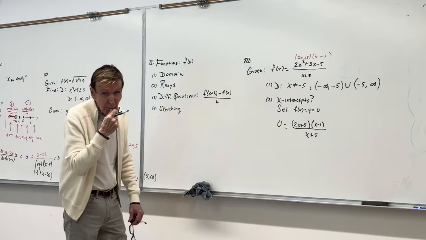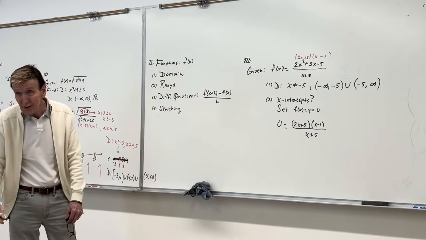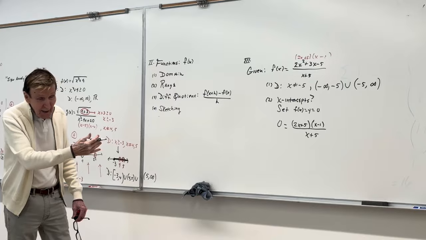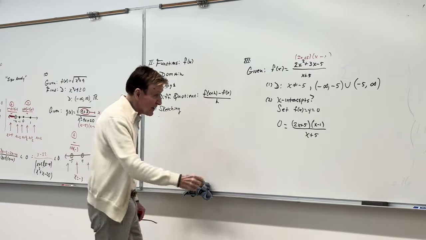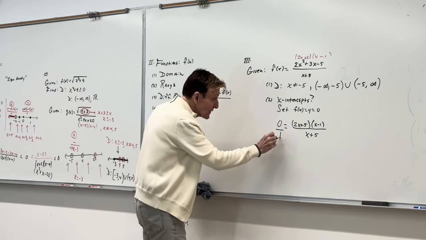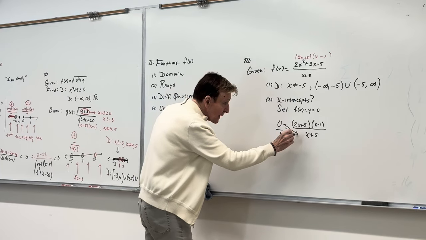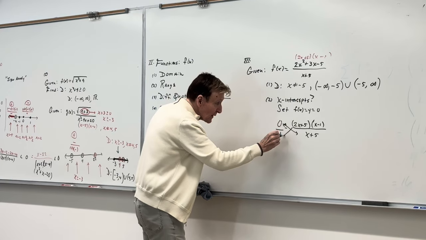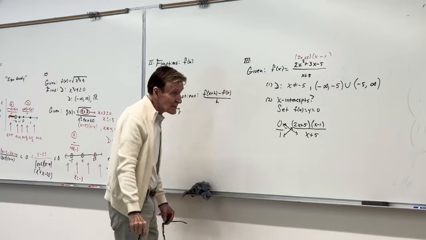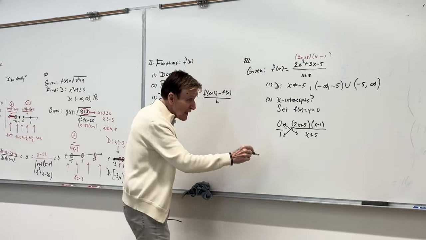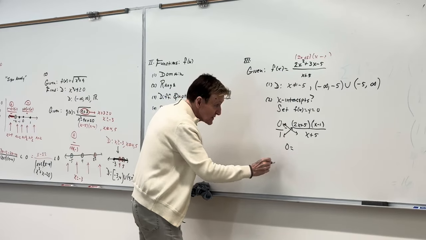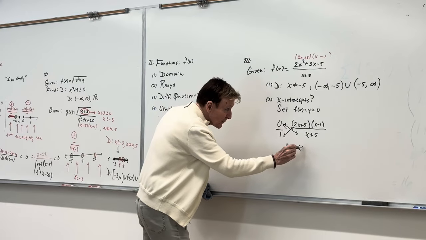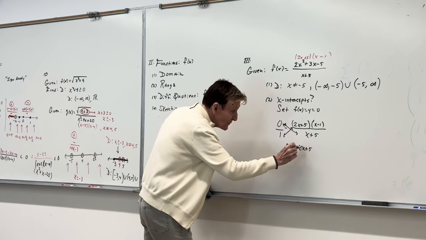You set the function equal to 0 if they ask you to find the x-intercepts. Now, if you try to solve that, I like cross multiplication when you can cross multiply. It's up to you. Just multiply these two together. Multiply these two together. That's a quick way to do it. I see 0 times x plus 5 gets me nowhere. That's 0. And in the other direction, you really get this.